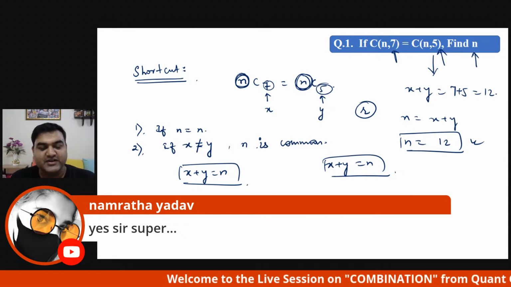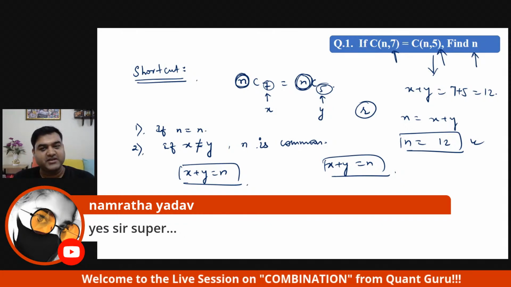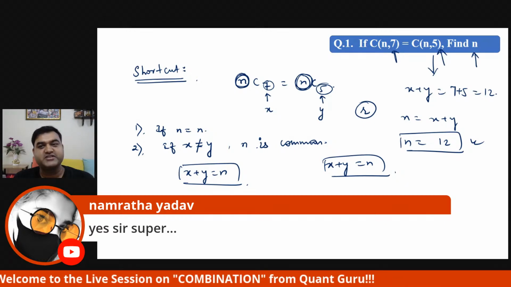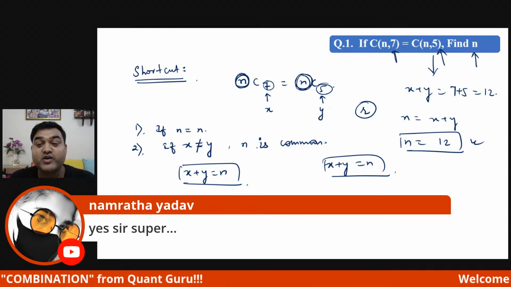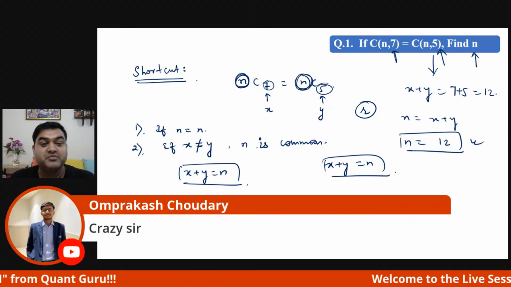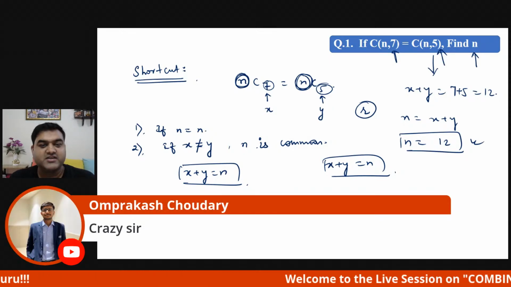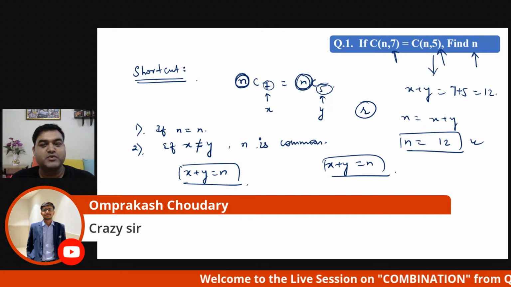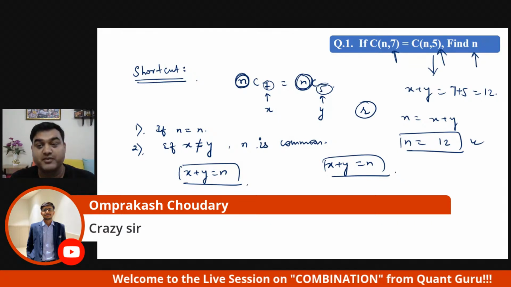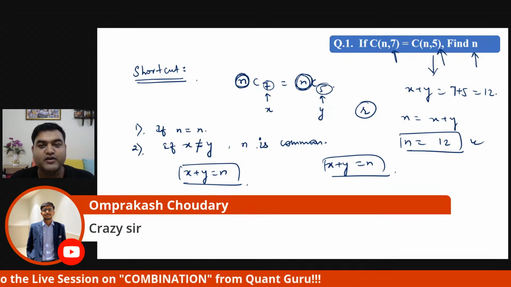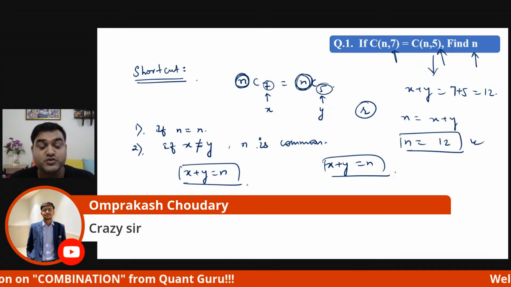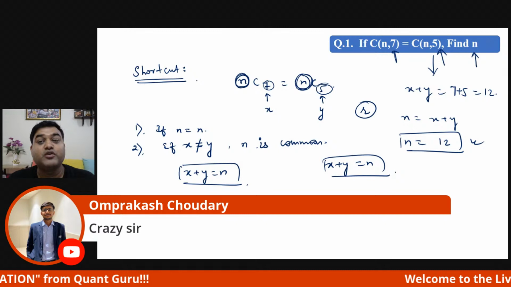So now you understood. Whenever I am taking a session, I'll tell you the traditional process first. Why? Because what if you forget the shortcut formula, right? Yesterday also I was saying there are many formulas which you should remember. You can find them in the textbook and elsewhere. There are a lot of things which you can use, but I am trying to avoid formulas.